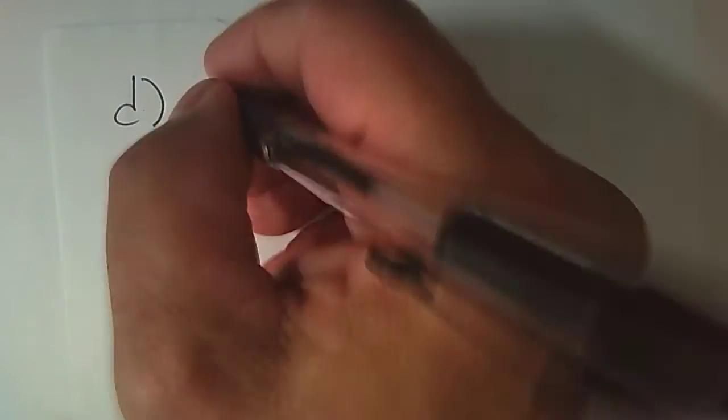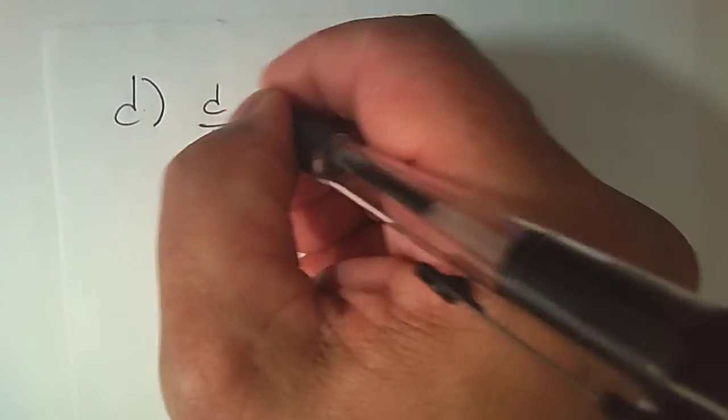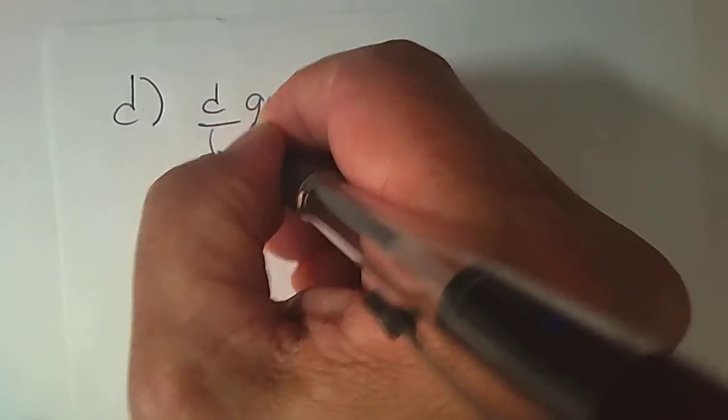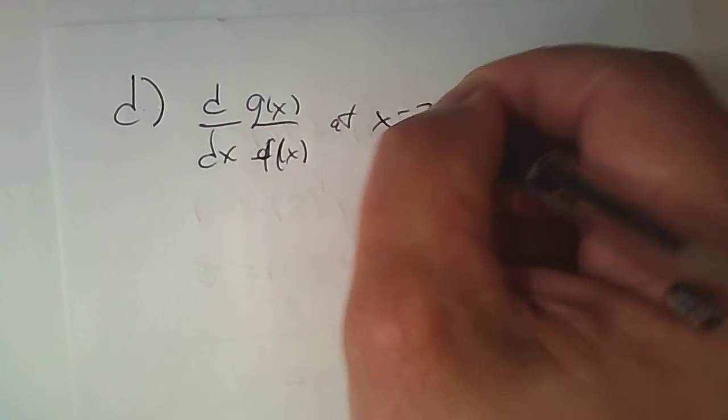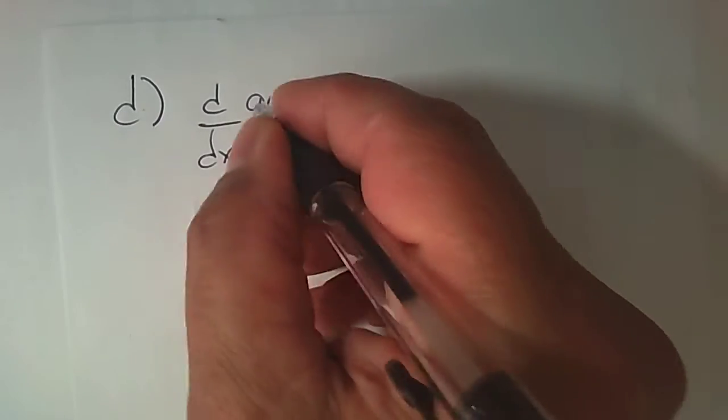D. In D, you're asked to do the derivative of g at x divided by f at x at x equals 2. For this one, this is going to be the quotient rule.